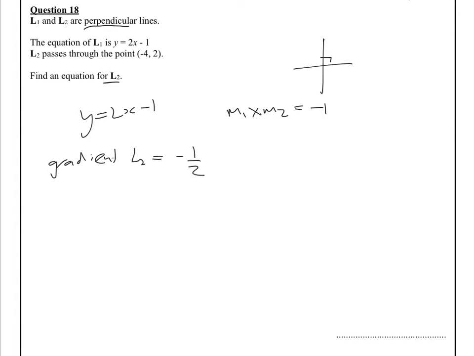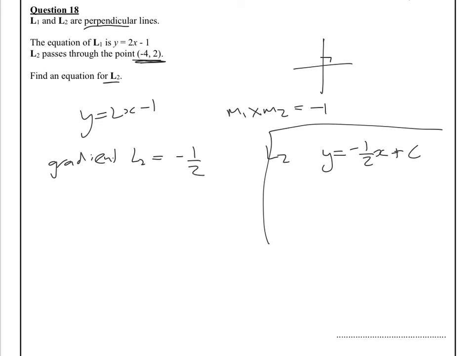And then we need to work out what the y-intercept is. So we have this so far of our equation. It's minus half x, but now we need to work out c. This is for L2. The way that we can do that is by using this point that they've given us. So if we substitute in minus 4 and 2 into this equation, that'll tell us what c is.